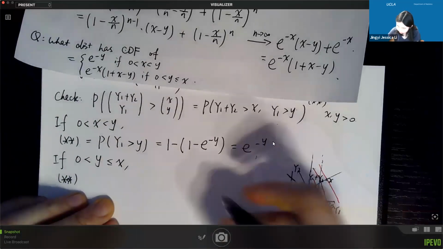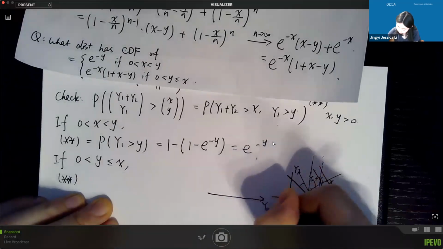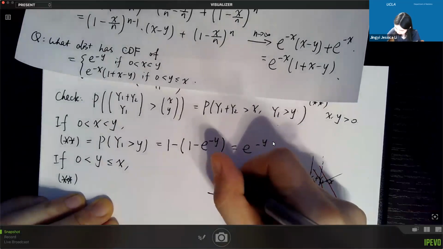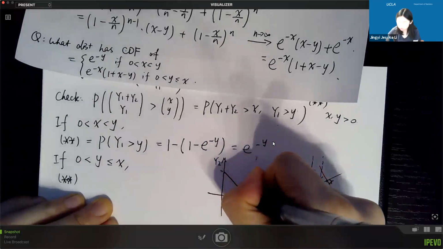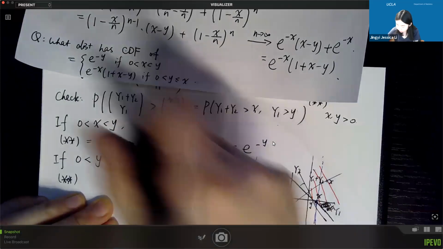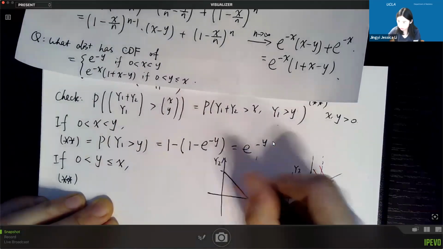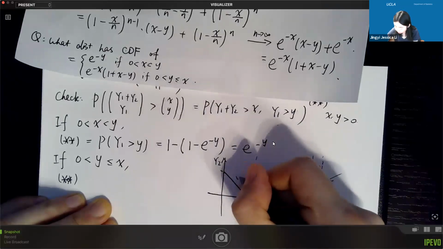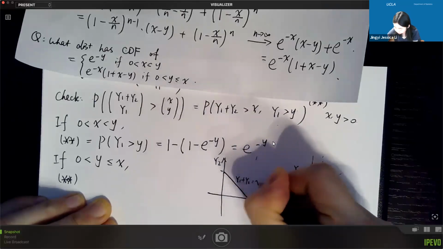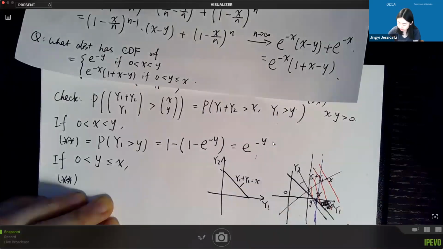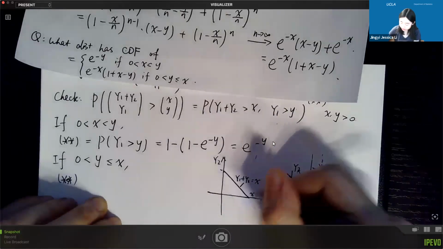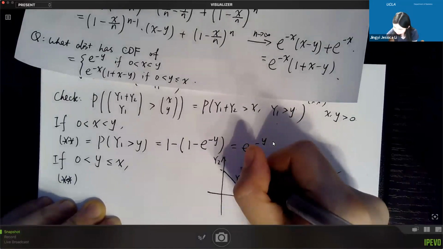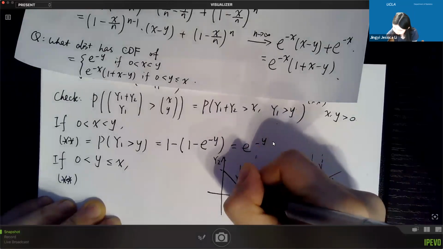So what I want to say is, this is y1, this is y2, okay? And this is the line. The line shouldn't go down or up because we are restricted to this quadrant. This is the quadrant, the positive part. So this is y1 plus y2 equals x, and that's x. And we also want y1 greater or equal than y. So that's y.